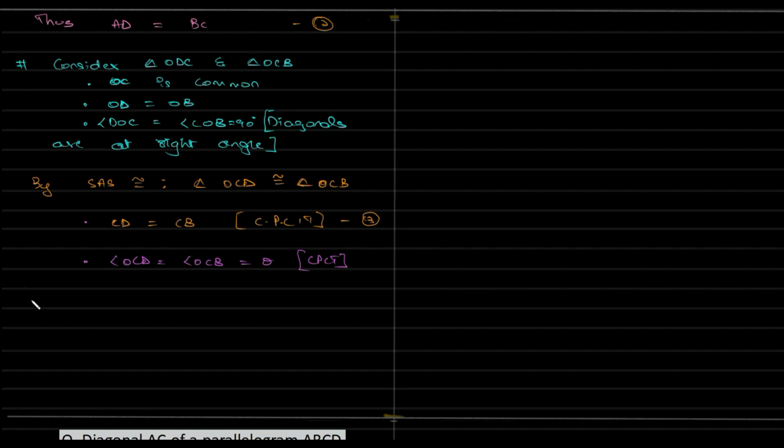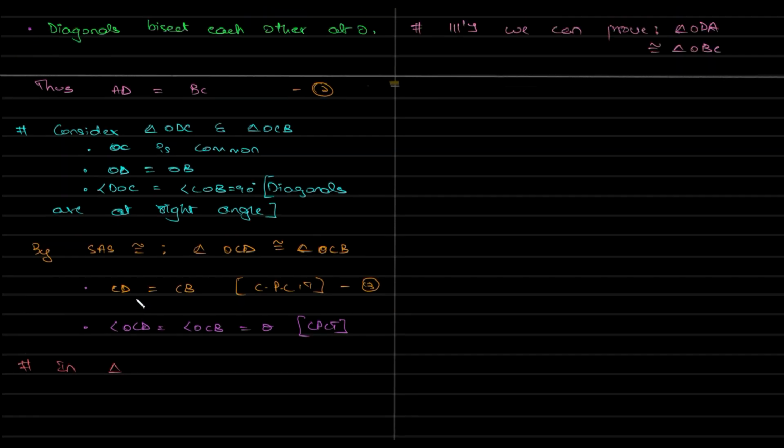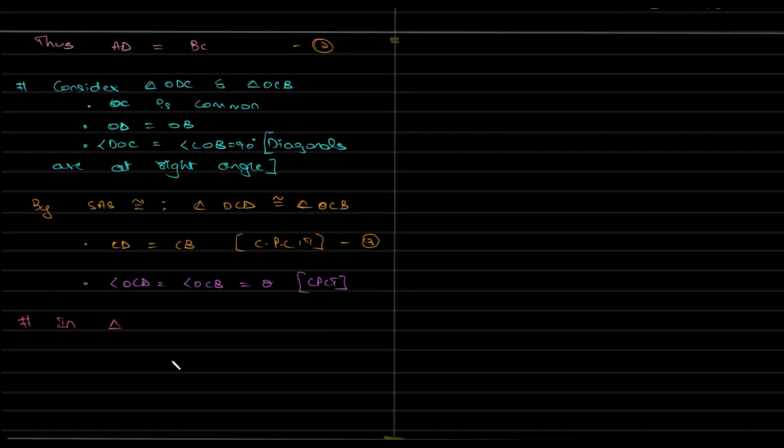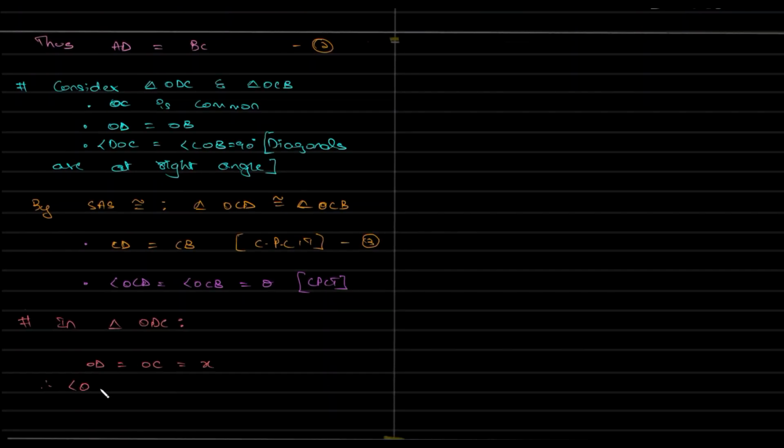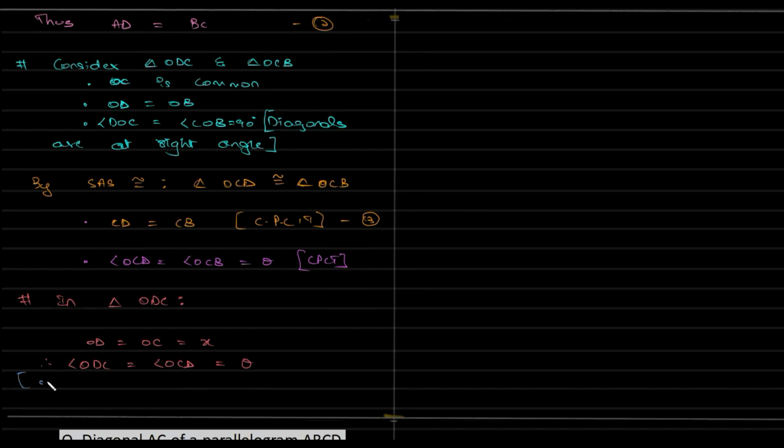Now consider the bottom triangle ODC. Here OD is equal to OC. It's given, right? So all of these are equal to x. Therefore, angle ODC is equal to angle OCD, which is equal to theta. Reason: angles opposite to equal sides are equal.